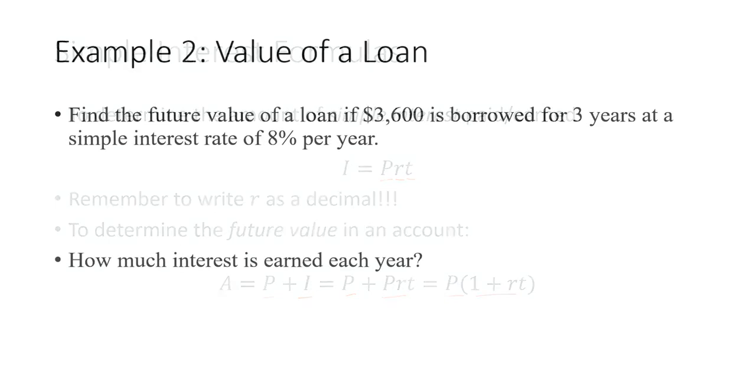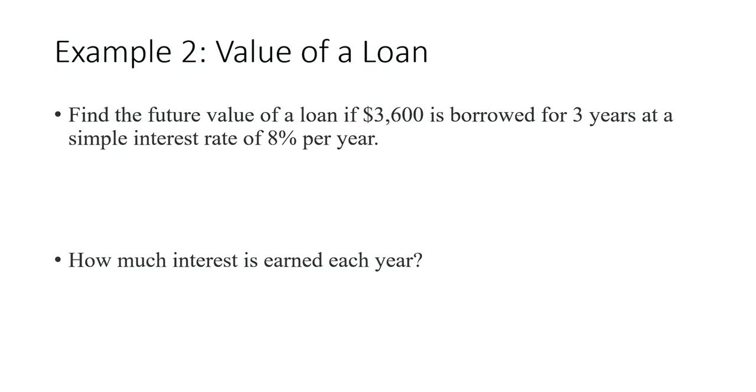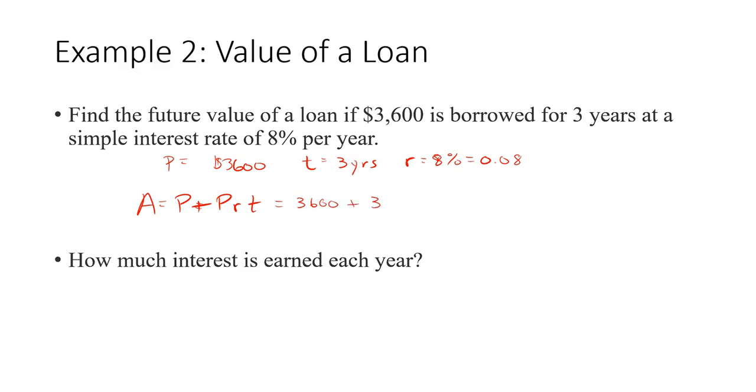So if we want to find the future value of a loan of $3,600, borrowed for a time of 3 years, at an interest rate of 8%, which is 0.08, the principal, $3,600. To determine the future value, A, we're going to find that's the principal plus the principal times R times T, or 3,600 plus 3,600 times 0.08 times 3.